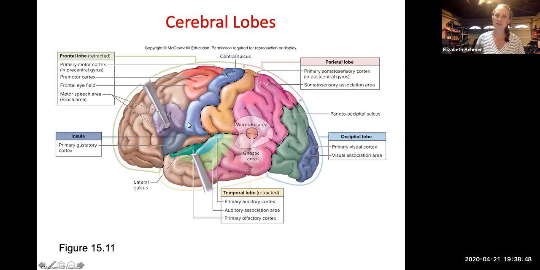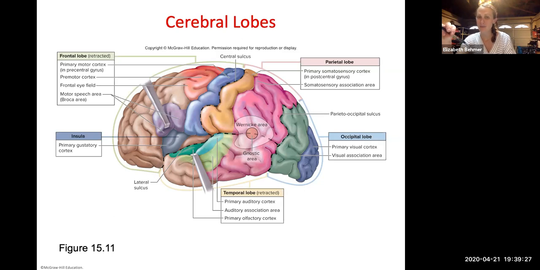And again, that's the part of the brain that controls all motor function. So in number 13, when it asks you for the primary motor cortex, you can say that's part of the precentral gyrus in the frontal lobe. Does that make sense to everybody? So the primary motor cortex is a part of your precentral gyrus, which is in blue here, which is a part of your frontal lobe.